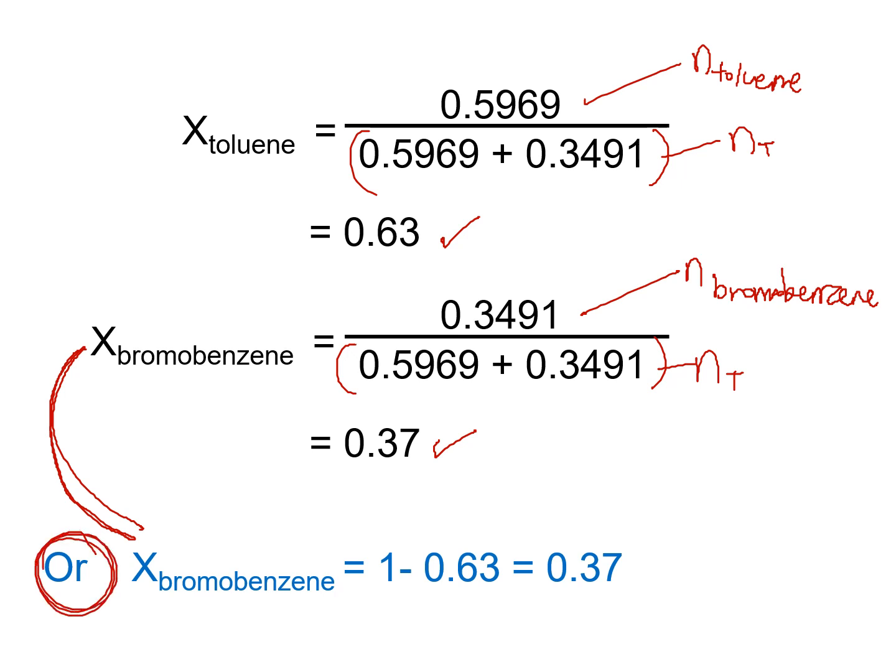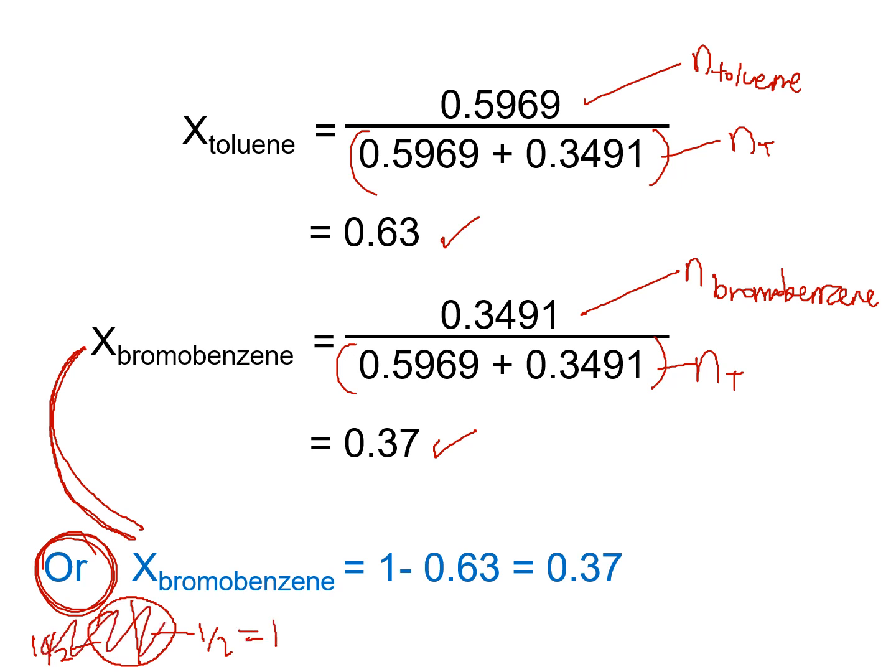Ataupun if you know mathematically, di dalam mole fraction kan, you tahu kan mole fraction contohnya you ada dua komponen. Contohnya yang ni half, yang ni half. Kiranya apa? Total mole fraction adalah equals to 1.